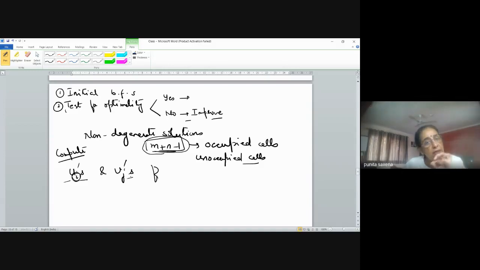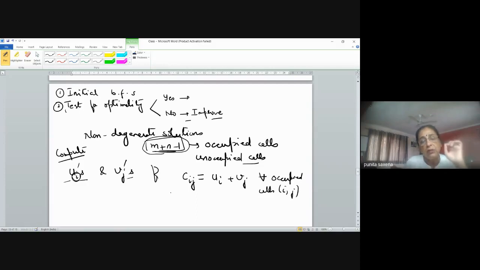Similarly, Vj's will be the ones for the columns. So you have as many Ui's as you have sources, and as many Vj's as you have destinations. We compute them for each source and each destination. For that, we use the equation Cij equals Ui plus Vj for all occupied cells ij.